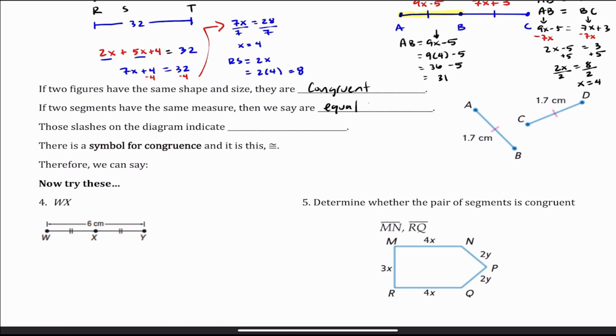Now, those slashes on the diagram, most of the time, I will say tick marks. Those tick marks on the diagram indicate congruency.